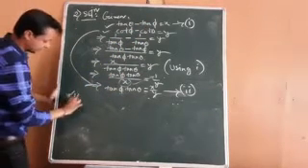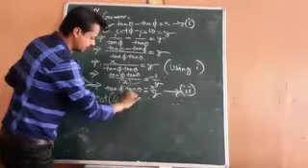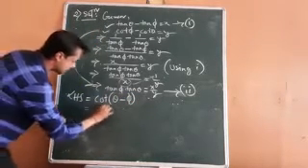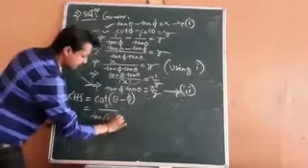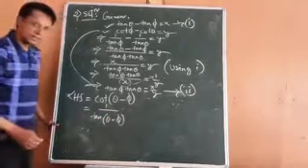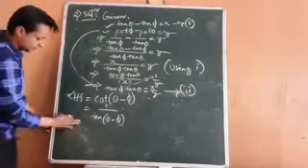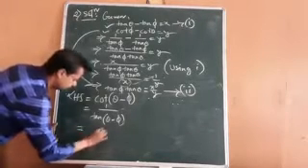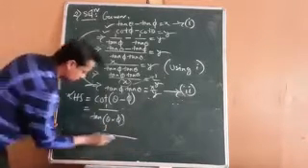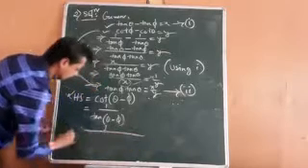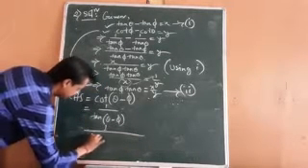Now what is the left hand side? Cot theta minus phi. So now cot theta minus phi can be written as tan theta minus phi reciprocal. I have taken the reciprocal. So 1 by tan A minus B. What is the formula?